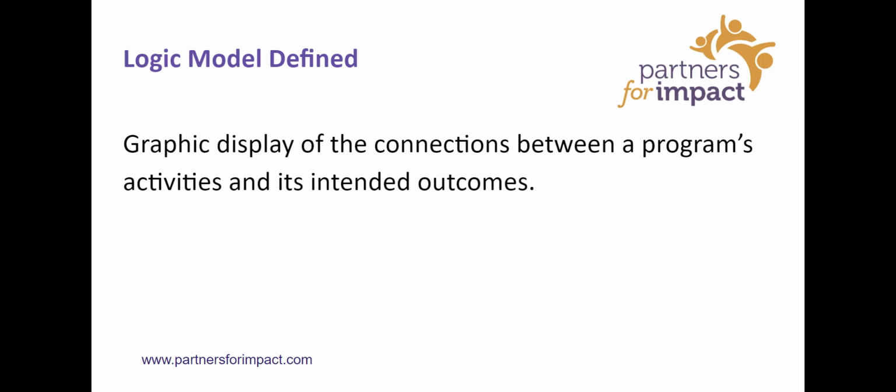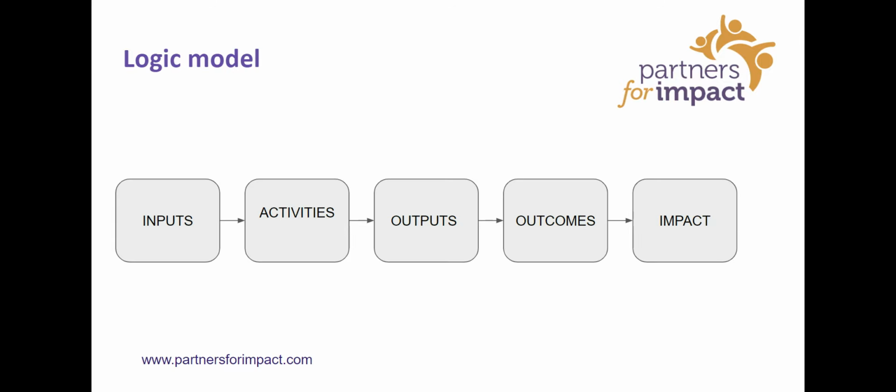Just a quick reminder that a logic model is a graphic display of the connections between a program's activities and its intended outcomes. And in the previous tutorials, we learned that logic models are made up of the things that you need, the inputs, and the things that you do, the activities, which results in outputs, which creates outcomes, and then hopefully multiple outcomes.